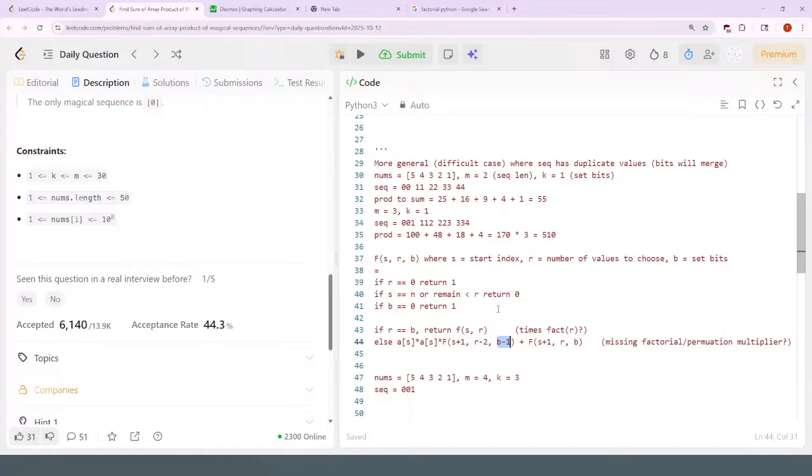If you choose 1, you want 0 bits, then it's going to return 0 at that point. If you choose 1 and you want 0 bits, it's going to return no. Yeah, it's going to return one way of doing that.